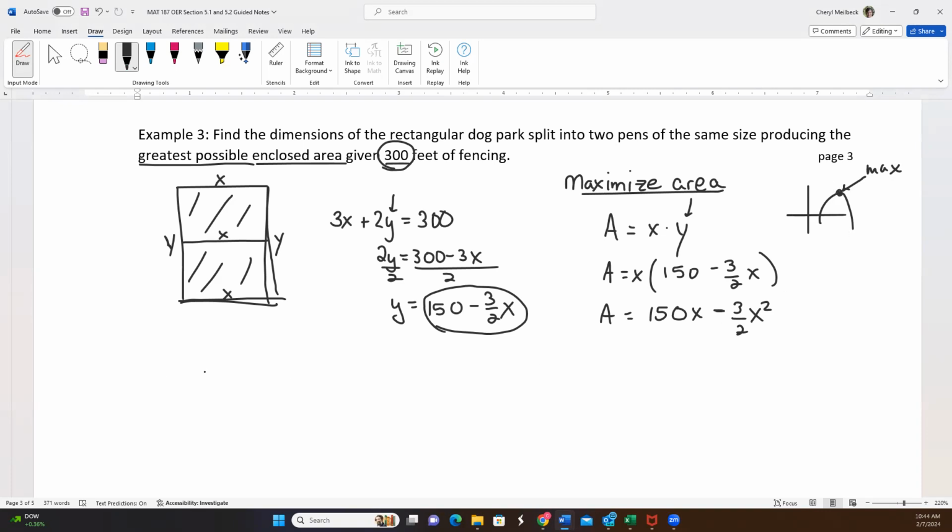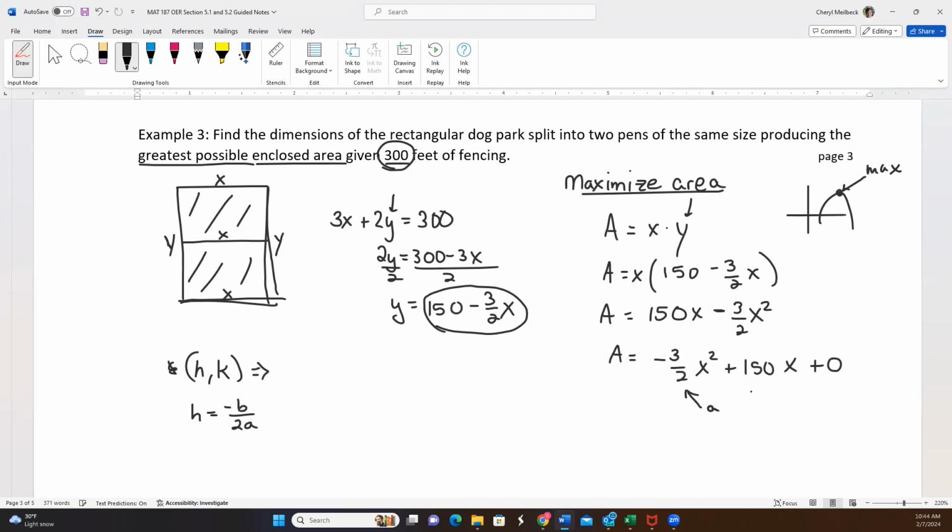So we're going to do the negative b over 2a trick. Our vertex, which we'll call (h, k), has an x coordinate that can be found by letting h equal negative b over 2a. So let's start there. This function isn't written in descending order, so I'm going to write it as negative 3/2 x squared plus 150x plus 0, there's no c.